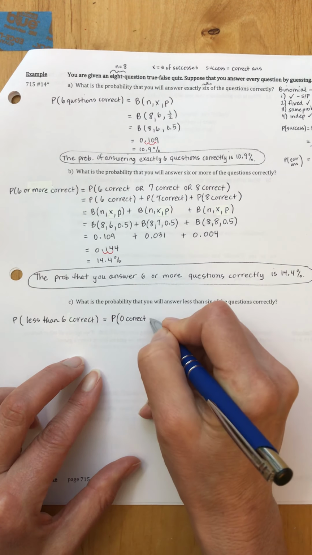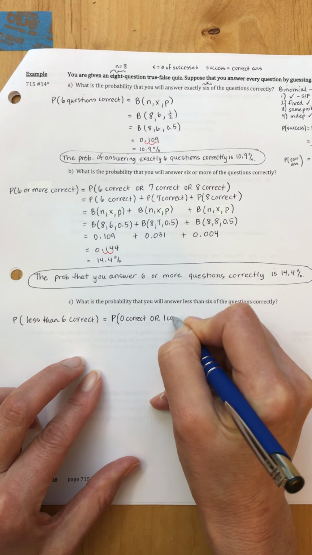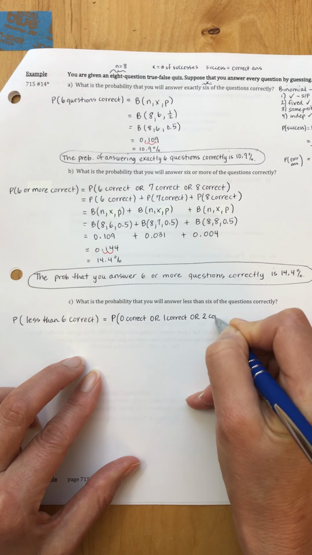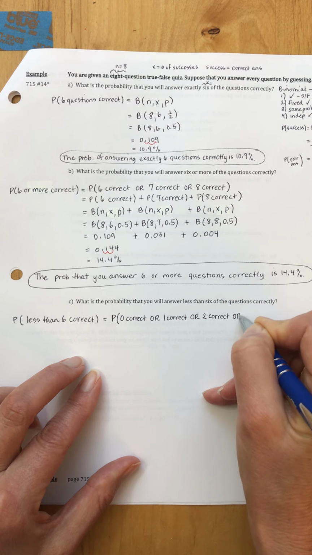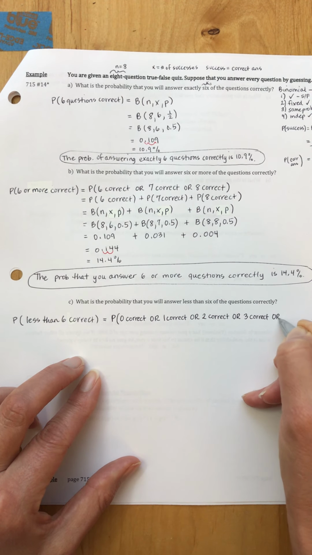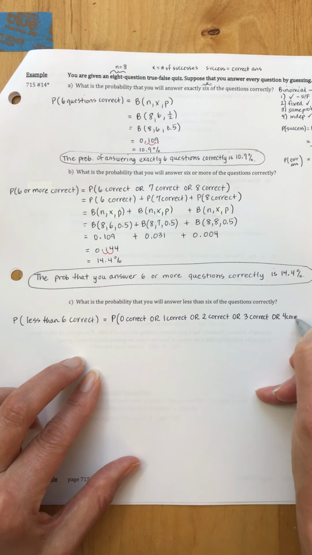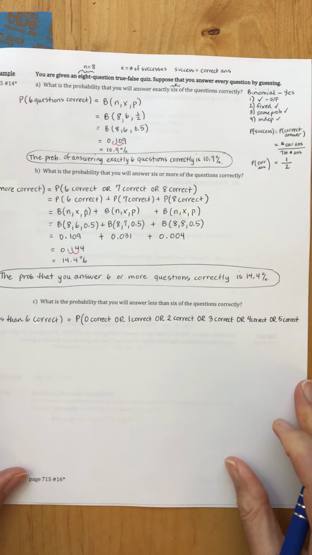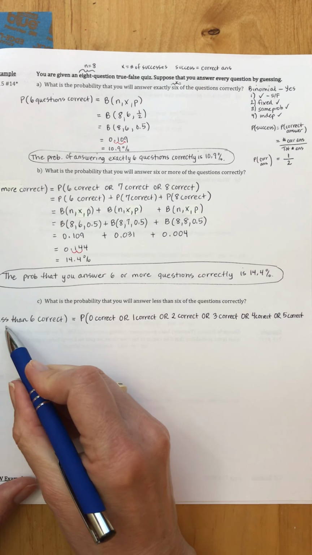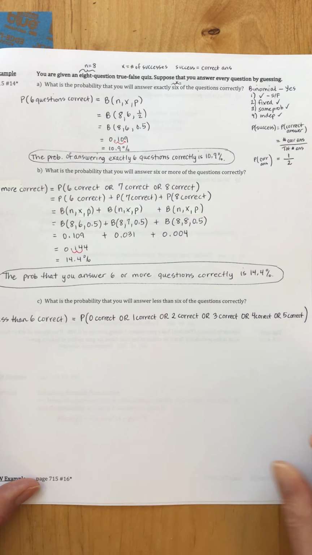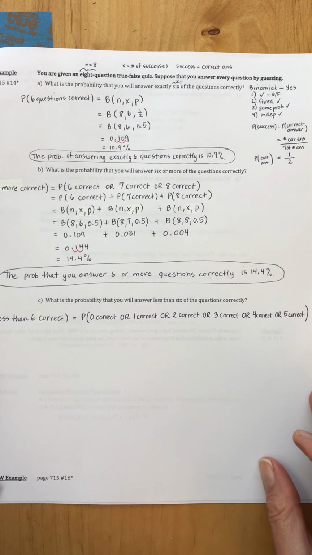What else would work? 1 correct, or 2 correct, or 3 correct, or 4 correct, or 5 correct. We better be done because I'm out of room. Does it make sense that we're done? Less than 6. So can you use 6? No. 6 is not less than 6. So that's it. That is what we're finding.